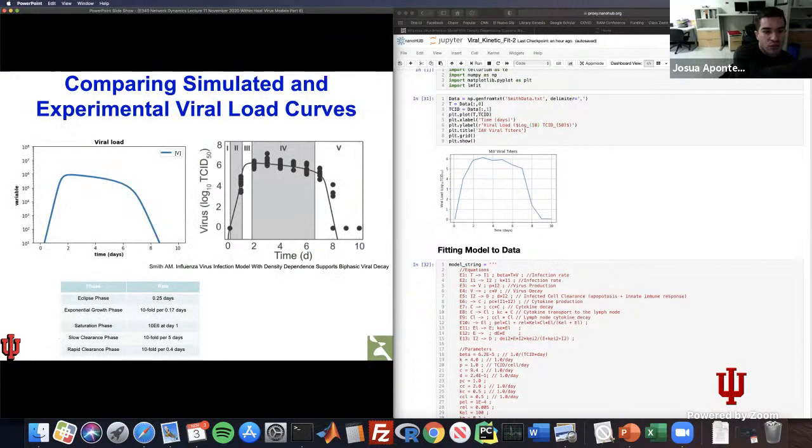So looking at these two, what differences can you guys see from just looking at this? What are the major differences between these two? Let's see.